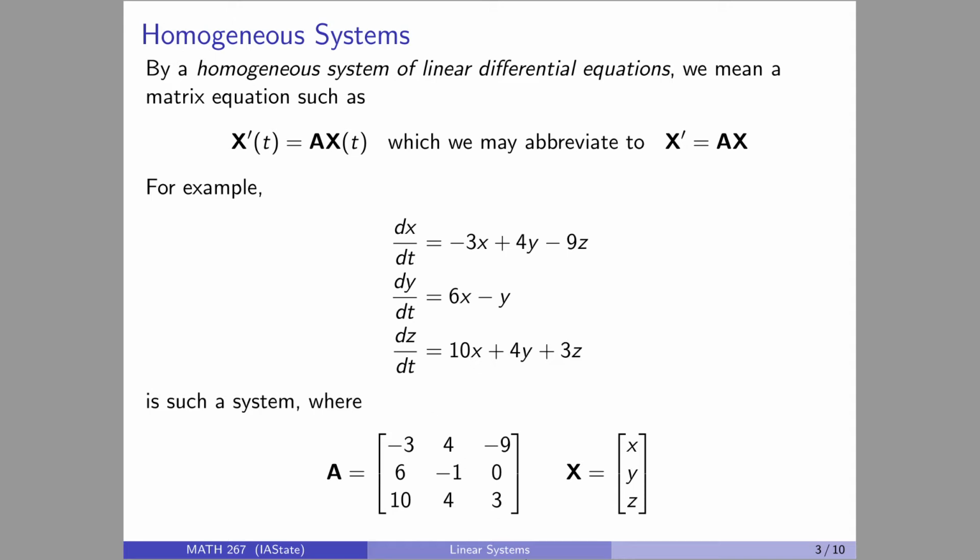And my x is the column vector involving my unknown functions x, y, and z, and my x prime represents their derivatives. Just as we did for second order differential equations, we'll focus on homogeneous systems first. This is the thing you would always solve first, and then the general problem ends up being just: do this first, and then you do this other thing.